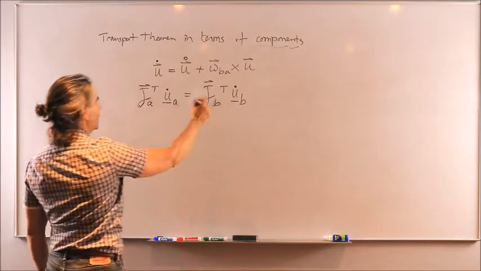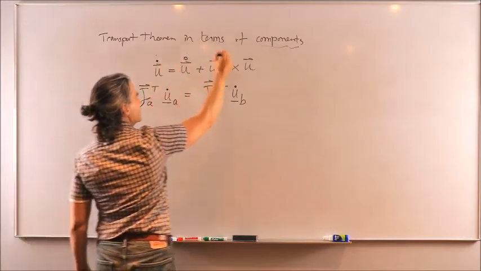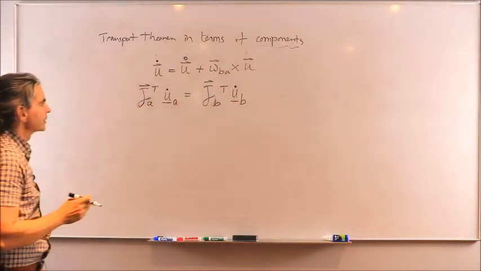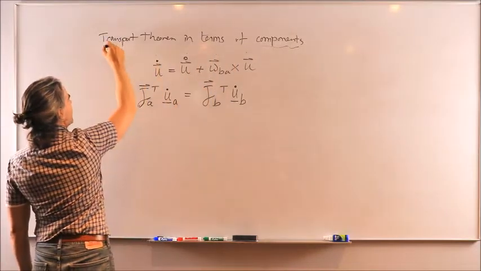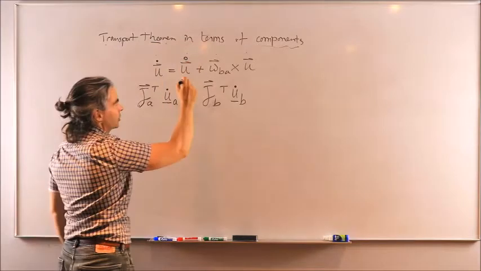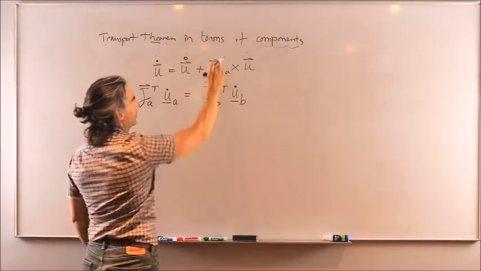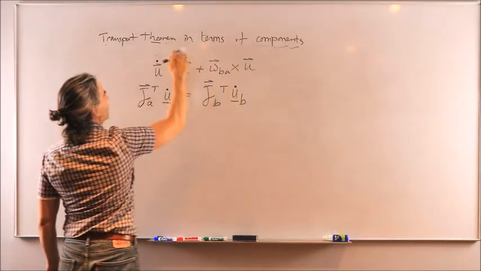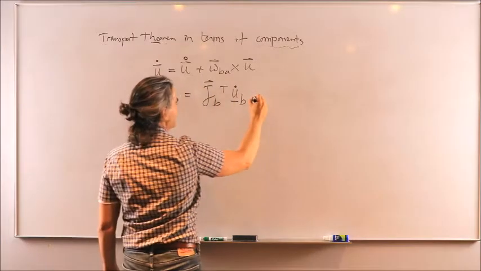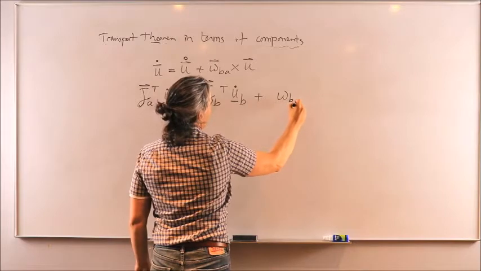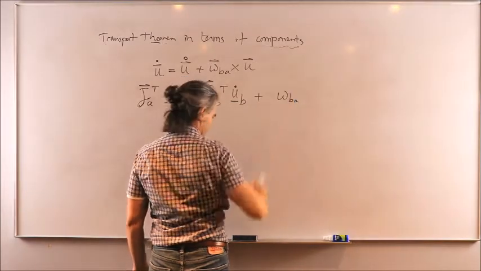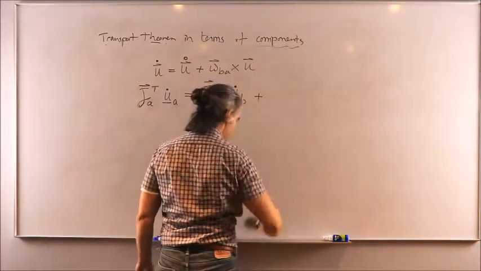So let's keep going by writing all vectors in that expression in terms of their components, because this is what we want to do here: rewrite the transport theorem, not in terms of vectors, because we know what it is, but in terms of components. So let's keep going. Plus omega BA in terms of its components. Well, now here you have the choice.